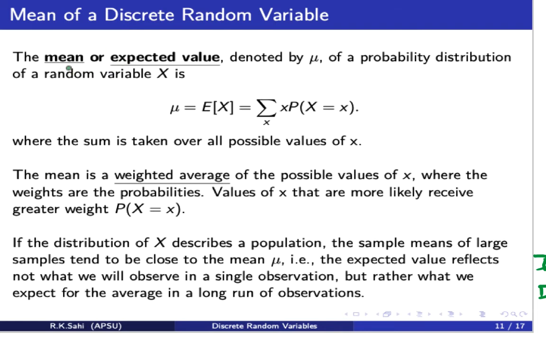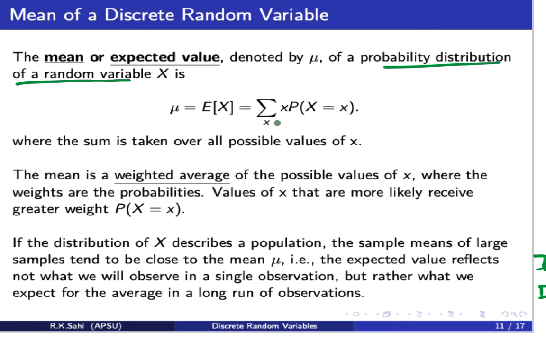So when we talk of a mean, or expected value, of a probability distribution of a random variable, this is how we write mu. Remember, mu represents a population. It's a population mean, or we call it an expected value. So this is the expected value of the random variable x.